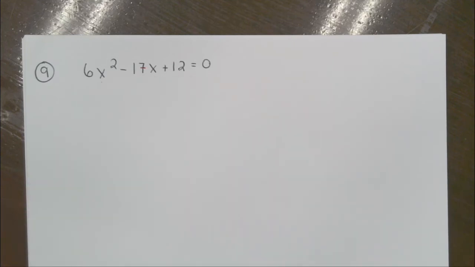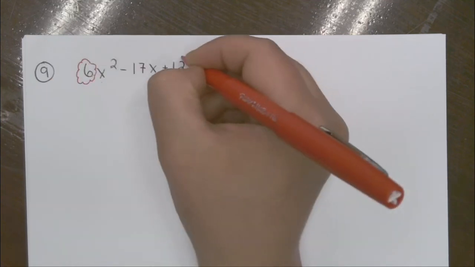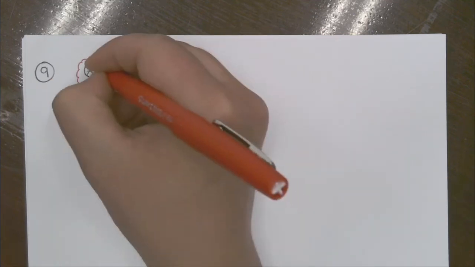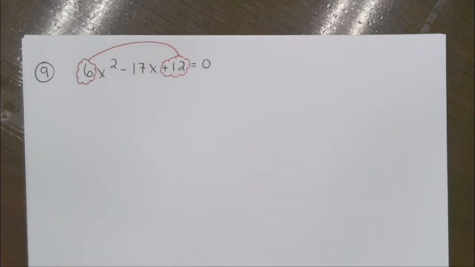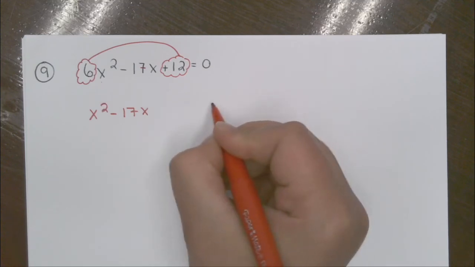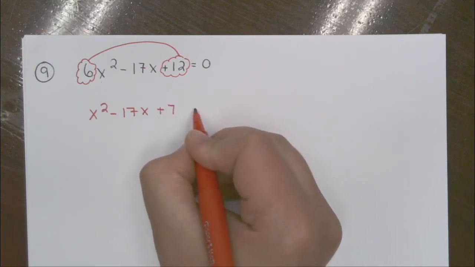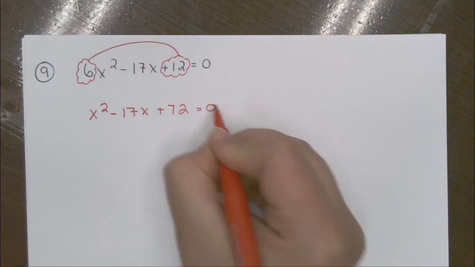Still no GCF. Bummer. The only method that we have that we can use is the rainbow method. So here are your clouds, here's your arc. So we have x squared minus 17x. What is 6 times 12? Is that 72? Okay. Just want to make sure I'm writing it correctly.